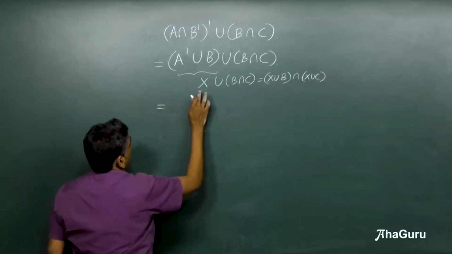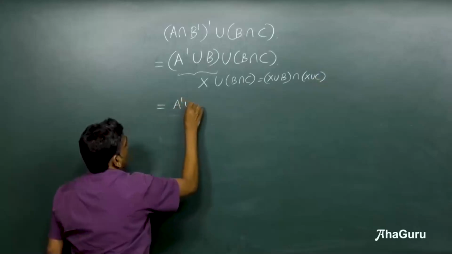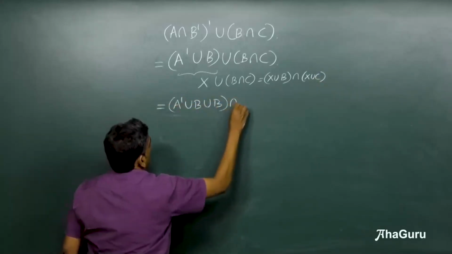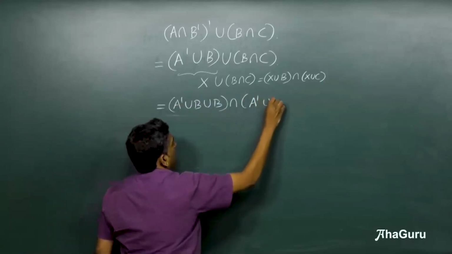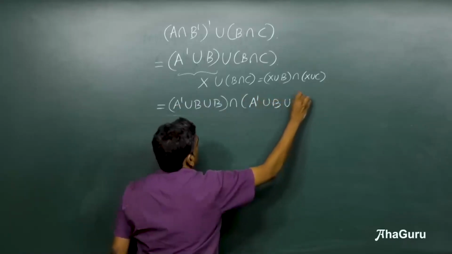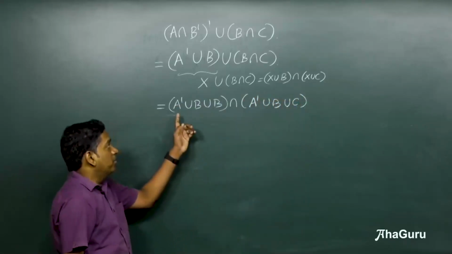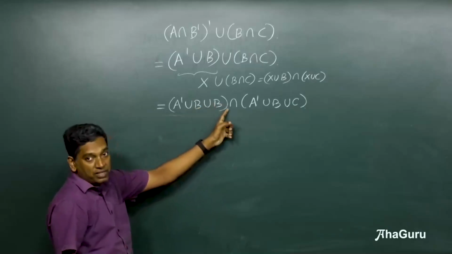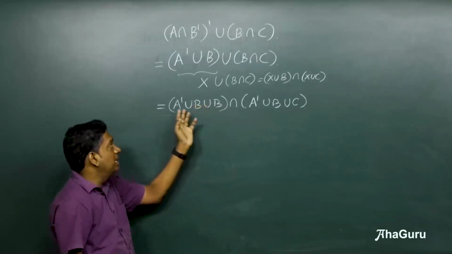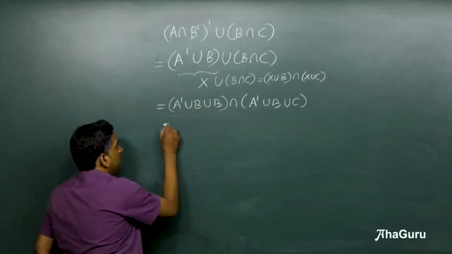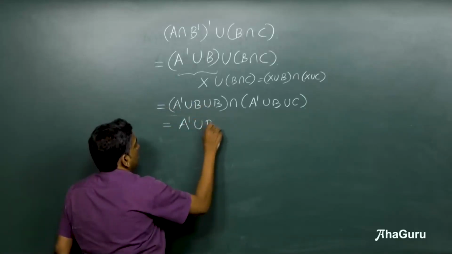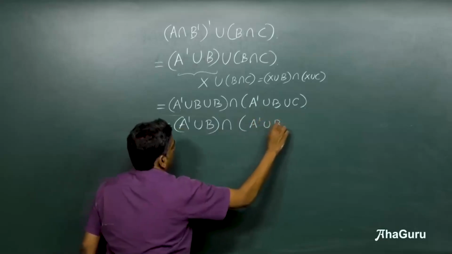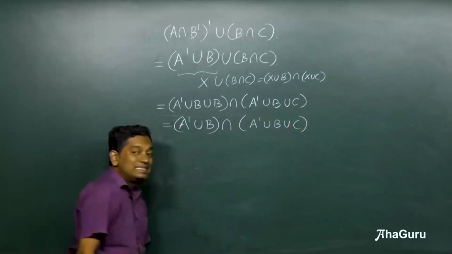So we can now write this as (A complement union B) intersection (A complement union B union C). Now by associative law we can take the union of B union B first. B union B is the same as B. So (A complement union B) intersection (A complement union B union C).